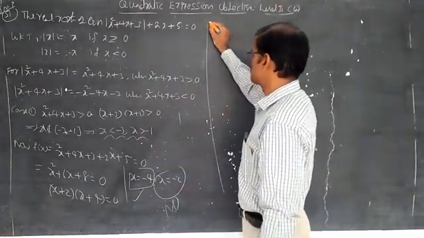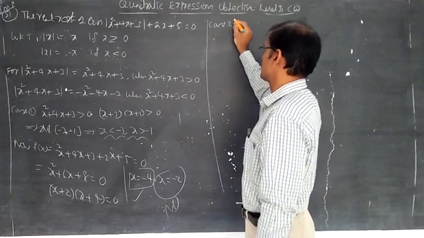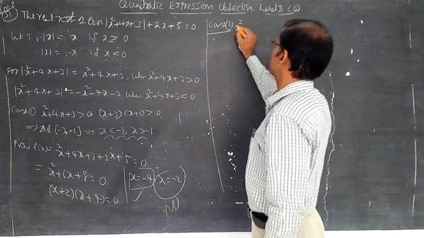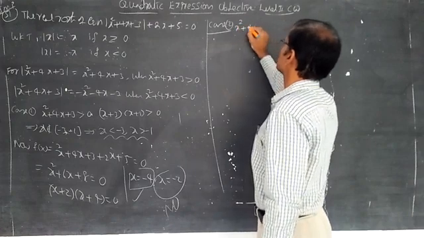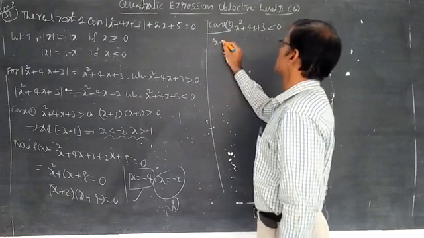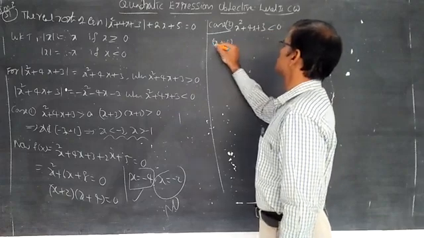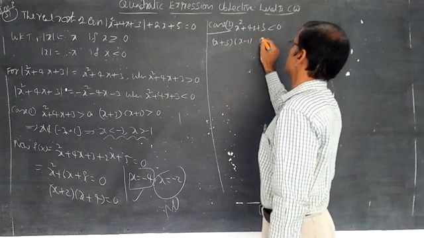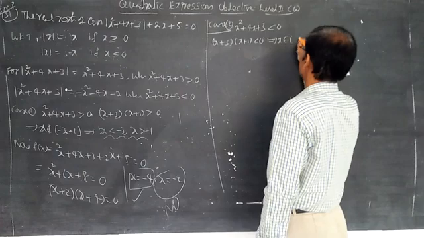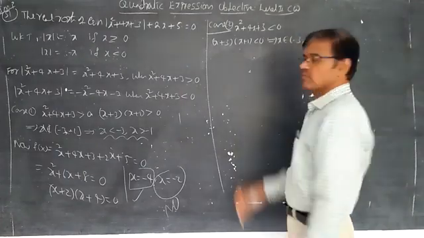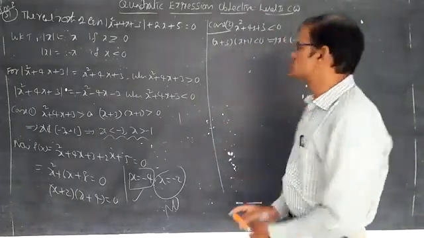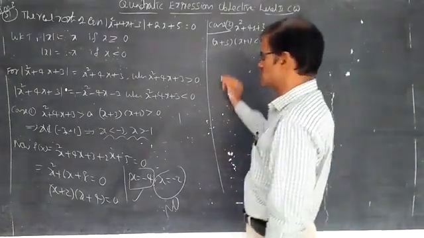Next, case 2. Take x square plus 4x plus 3 less than 0. So you can understand x plus 3 into x plus 1 less than 0. That implies x belongs to minus 3 comma minus 1. The value we are considering should lie between minus 3 and minus 1.